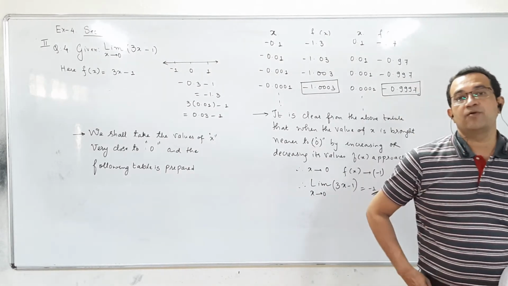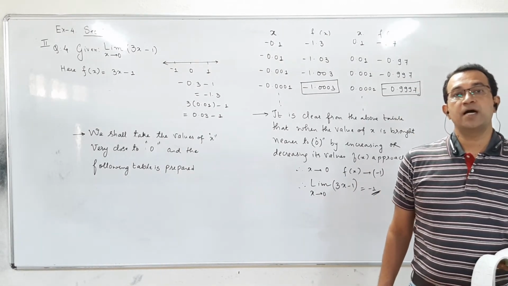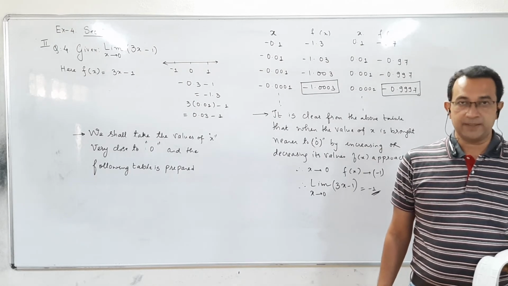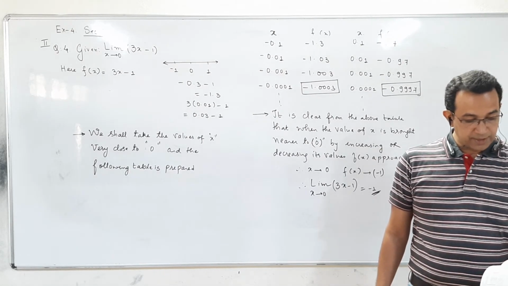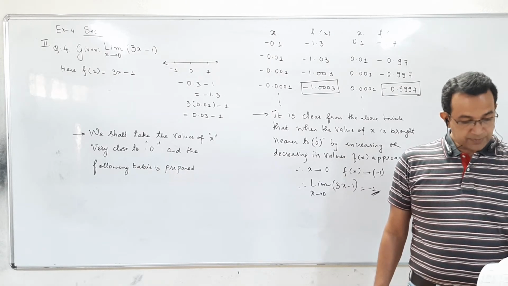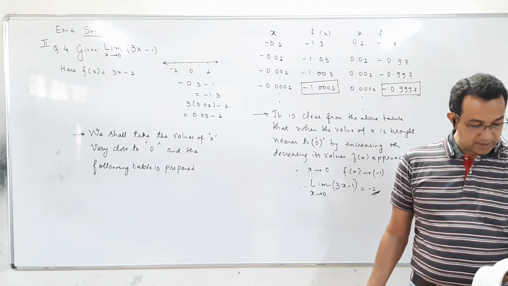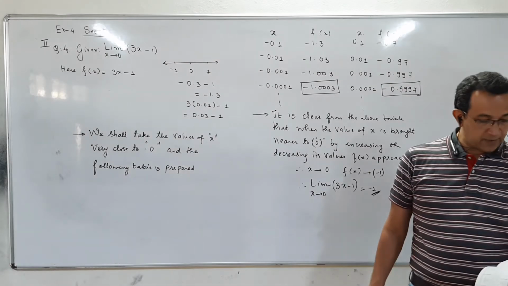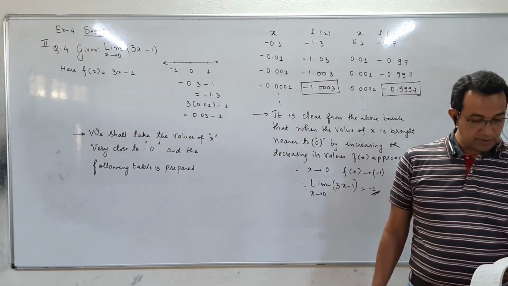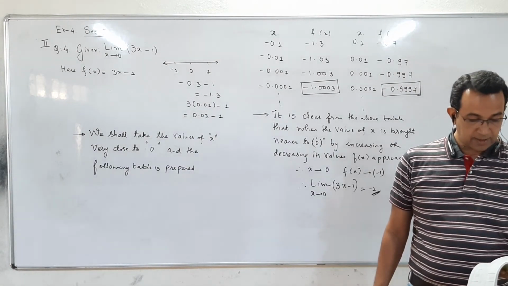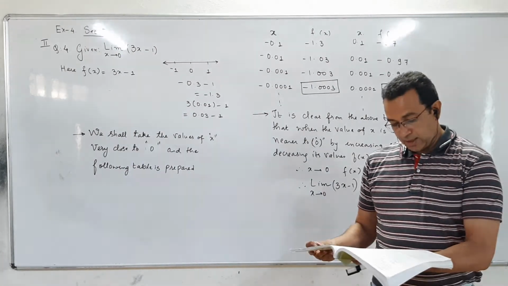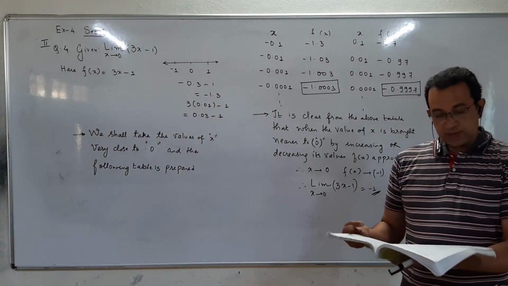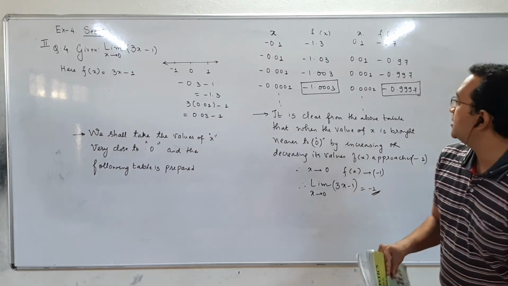Now students, we have already studied delta neighborhood of a. What does the definition say? For a given predetermined epsilon greater than 0, however small, we can find a positive number delta such that mod f of x minus L less than epsilon for all x such that mod x minus a less than delta.